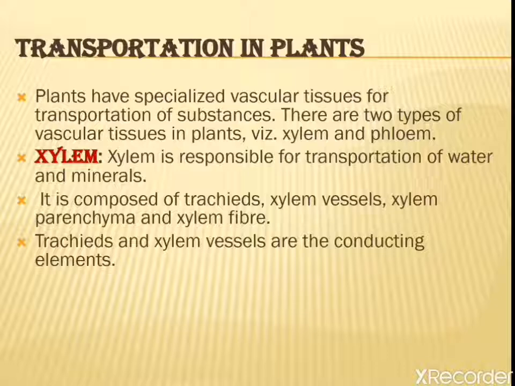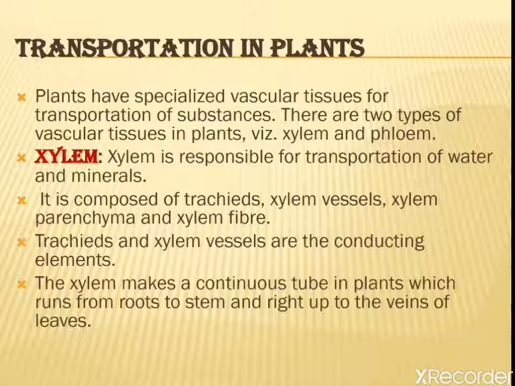Tracheids and vessels are the conducting elements of xylem, means they conduct water and mineral from one part to another, whereas xylem parenchyma stores food for the xylem, and xylem fiber gives strength to the xylem.